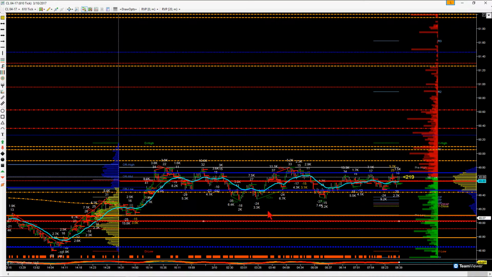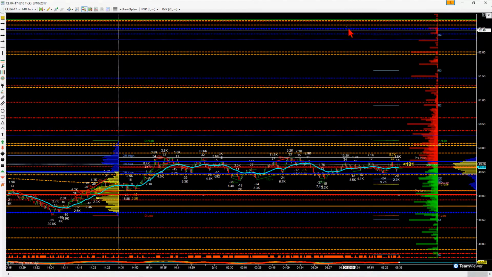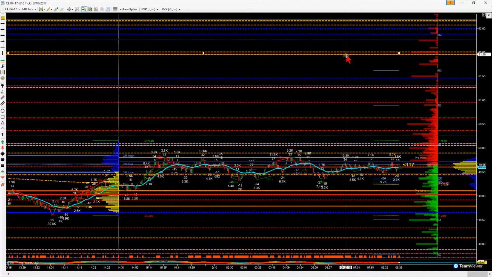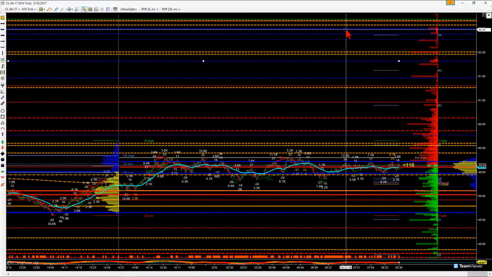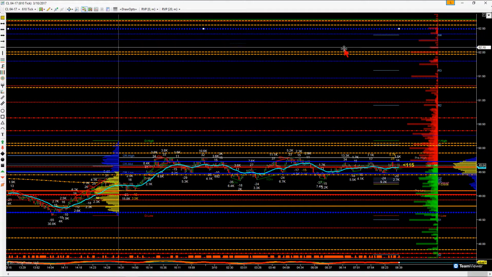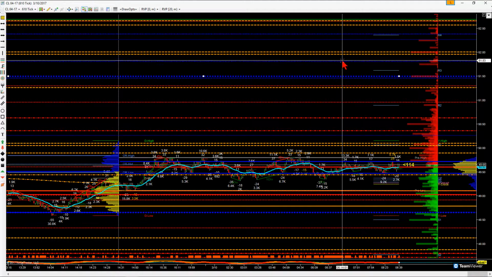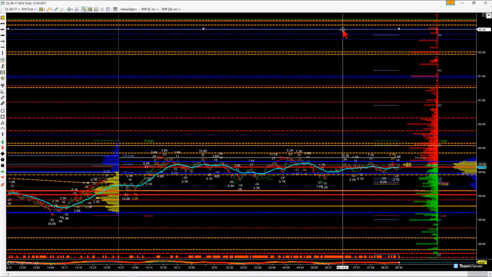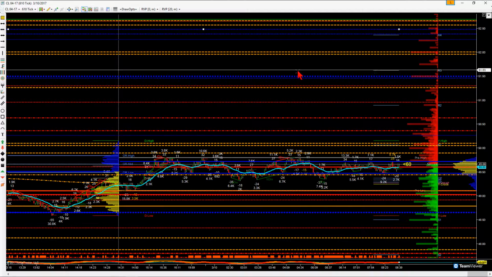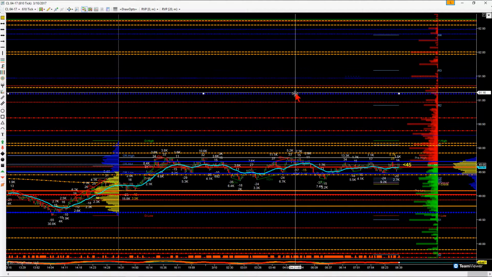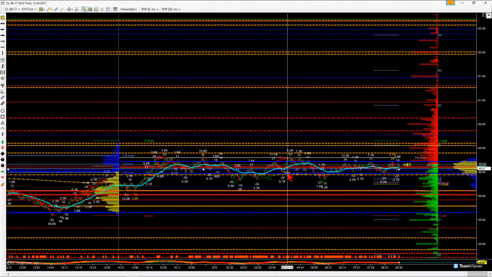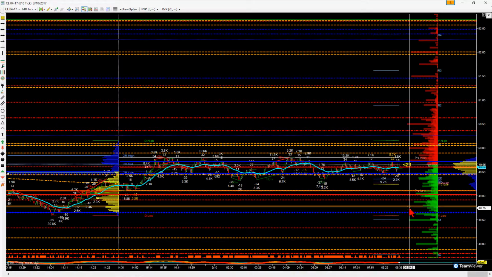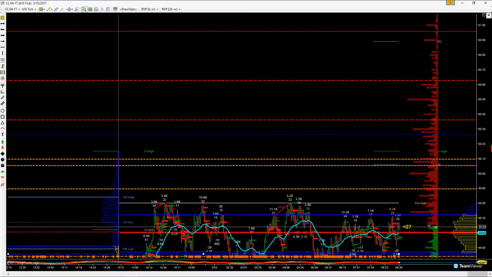And the value area high, value area low are for yesterday's pit session, not for the overnight trading. Let's fine tune that a little.